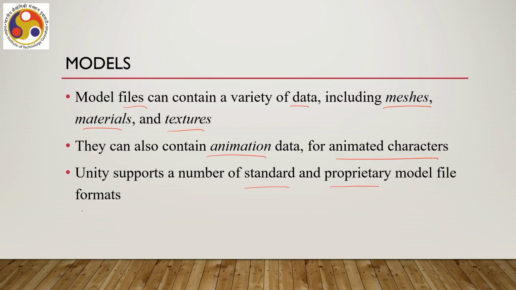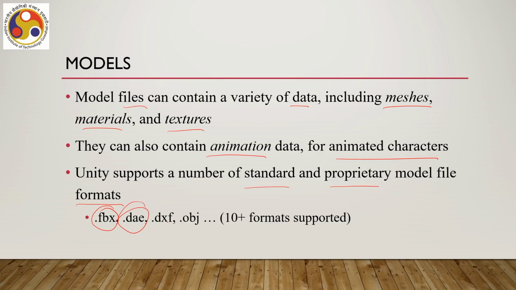Unity supports a number of standard and proprietary model file formats. So, you can create models in different formats and still import them into Unity to make it work, such as .fbx format, .dae format, .dxf format, .obj format and so on. There are more than 10 such formats supported in Unity.